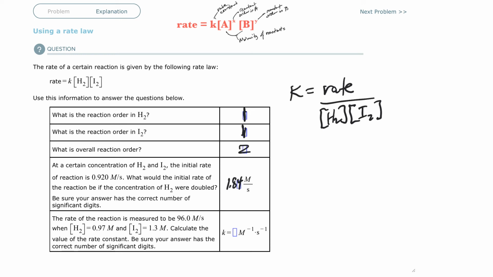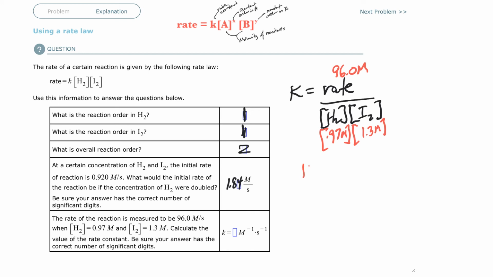The first number they give you is 96. That goes here, 96 molar. And then the bottom one will be 0.97. That's the hydrogen, 0.97 molar. And then the iodine is 1.3 molar.